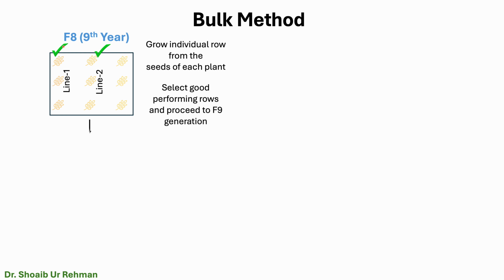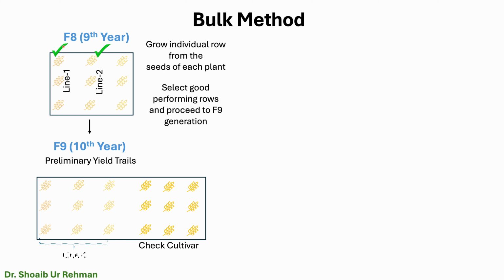What we should do is now proceed to the 10th year to perform a preliminary yield trial. So in this example, we have taken the seeds from line 1, and then we should make a competition with the already available check cultivar. But remember one thing, in the preliminary yield trial, for example, if you are performing breeding in the southern Punjab region of Pakistan, then we should make a competition of a newly developed line with the already available cultivar of the southern Punjab region of Pakistan.